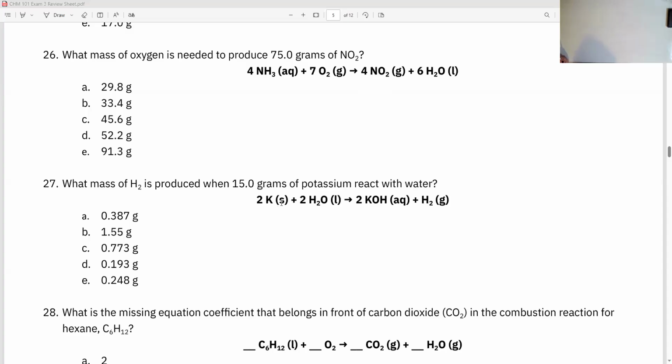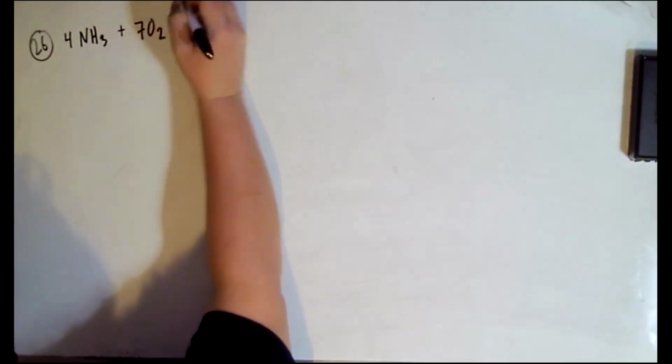And we're going to be going from grams of potassium into grams of hydrogen for question 27. So in both of these examples, those coefficients are going to make a huge difference in our final results.